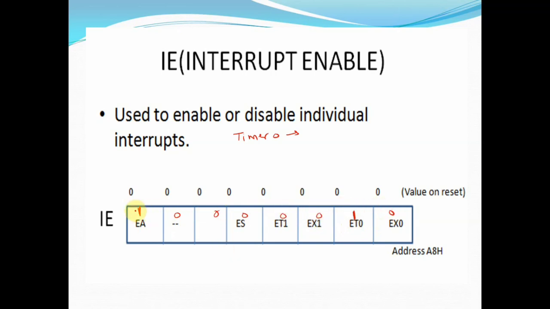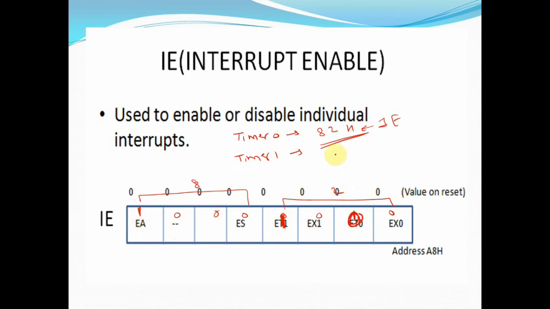Now if you look at the format, the value generated is 8 and 2. So when you are dealing with a timer 0 interrupt, we are going to load the value 82H into the IE register, and if you are dealing with a timer 1 interrupt, then you have to make this bit 1 and make this other bit 0.